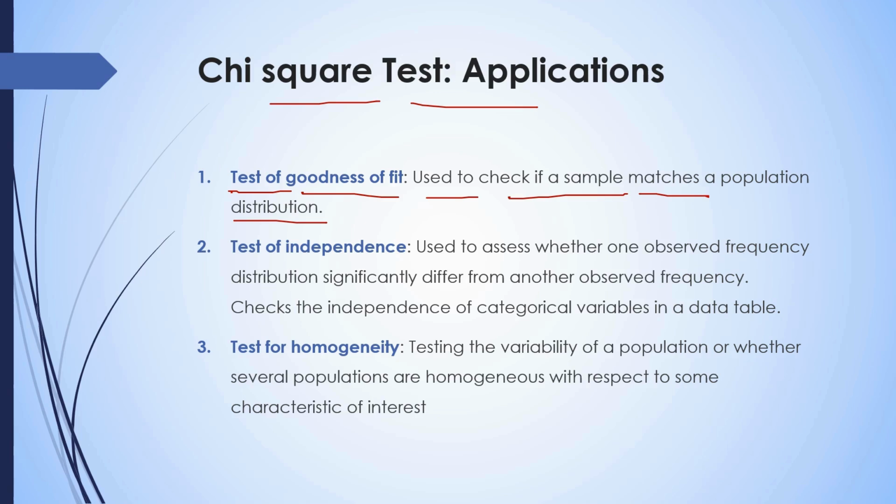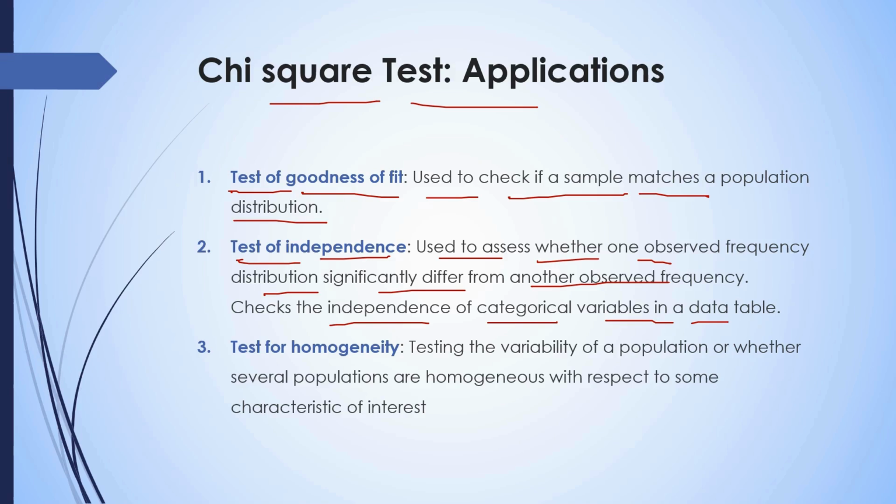The second application is test of independence. So chi-square test is used to assess whether one observed frequency distribution significantly differs from another observed frequency. And this checks the independence of the categorical variables in a data table. So we can apply chi-square test to check whether our one observed frequency is independent of the other.